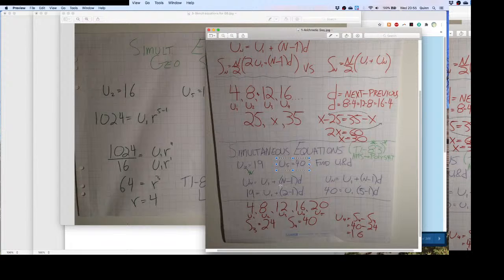So once again, I use both my formulas for a term, fill in my numbers, and I get two equations, two unknowns, and then you can solve for those. Those are linear equations. So an arithmetic sequence creates linear equations, and geometric sequences create nonlinear equations.